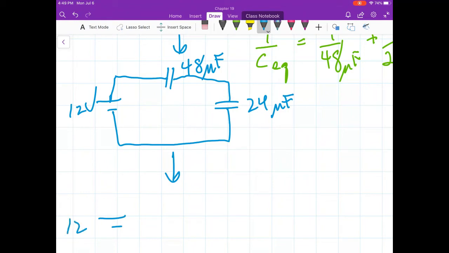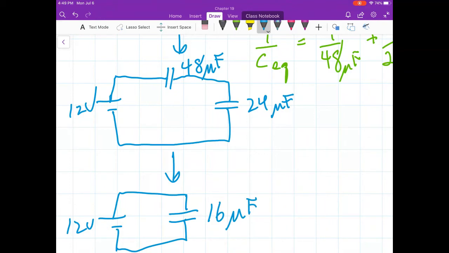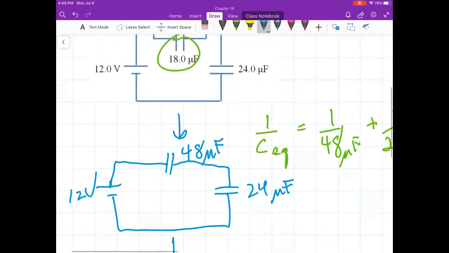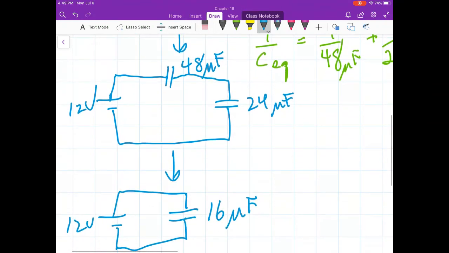Now I'm going to redraw this circuit once again. Here's my 12-volt battery. This whole thing is equivalent to one capacitor, 16 microfarad. So now you see what we did. In series, the 16 microfarad is smaller than the smallest of the ones we started with: we had a 48 and a 24, and in series we get a 16.